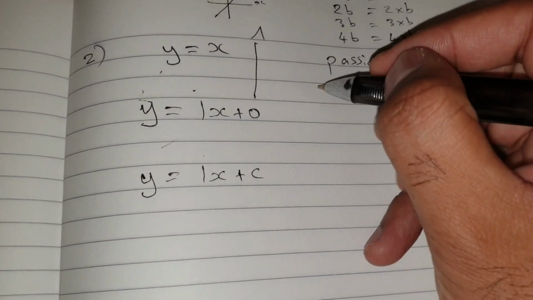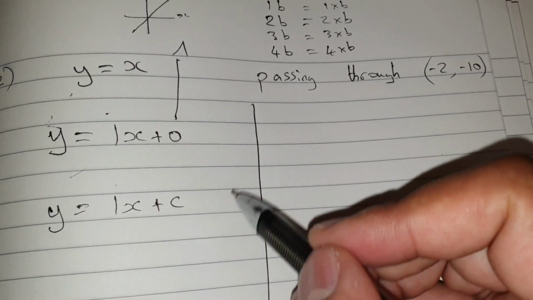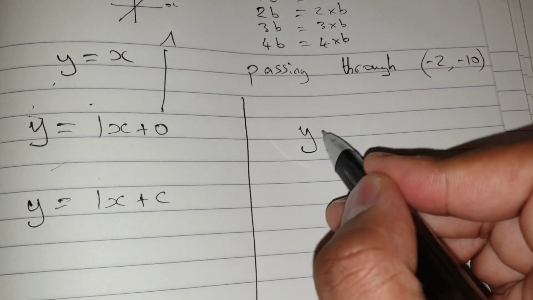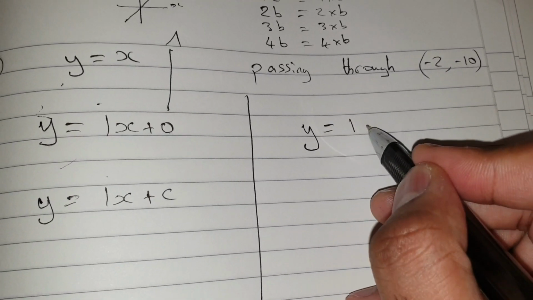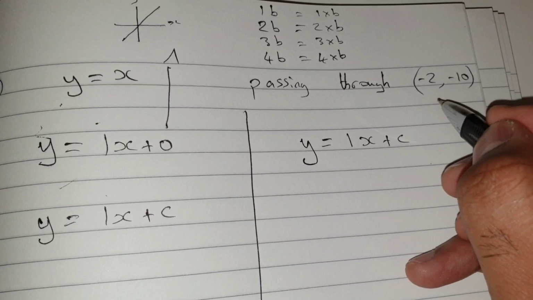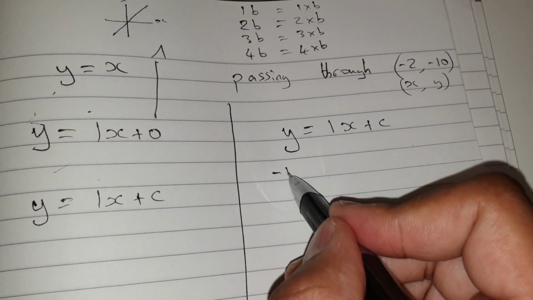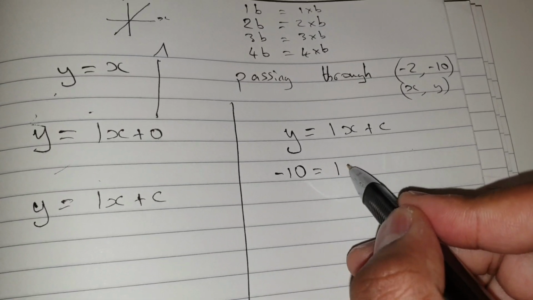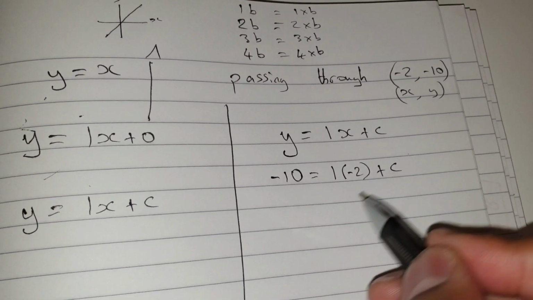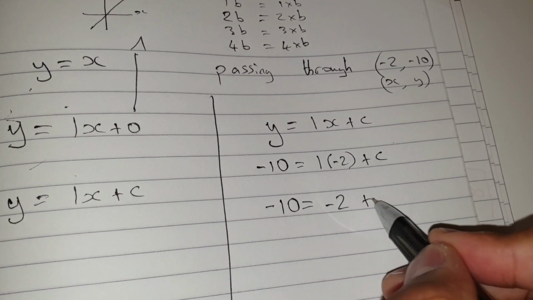So let's substitute our values in. The line that's parallel, we said it's going to have a gradient of 1x, so y equals 1x plus c. This is our x and this is our y value. So it's -10 equals 1 multiplied by -2 plus c. That gives us -10 equals -2 plus c.